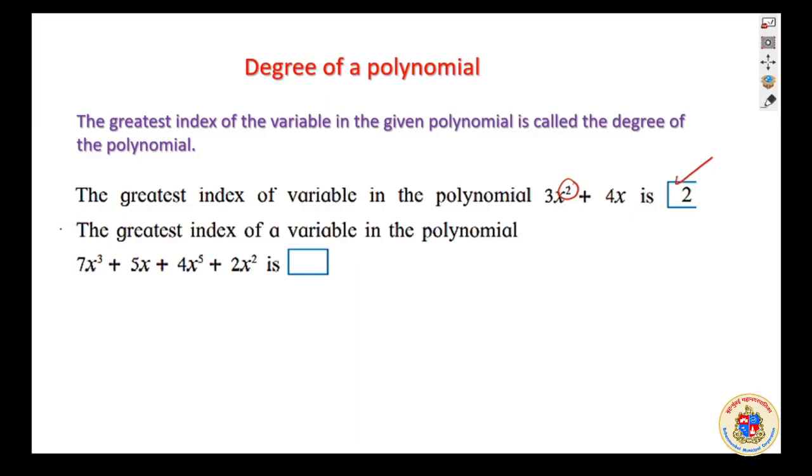If you take the second example, 7x cube, 5x, 4x raised to the 5, and 2x square, I would say 5 is the greatest index. The greatest index of the variable in a given polynomial is the degree of that polynomial. Very simple, but you should know that.